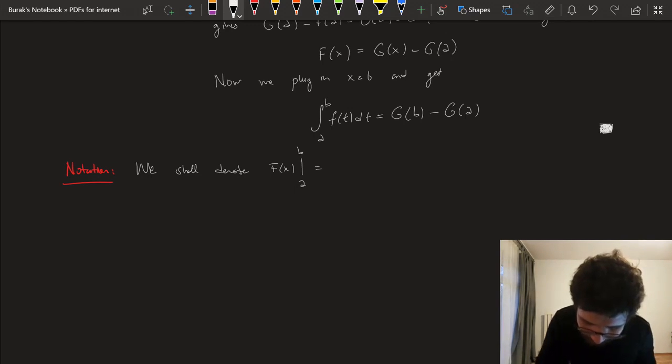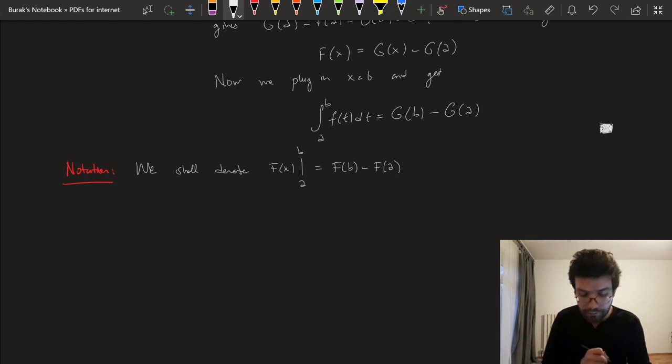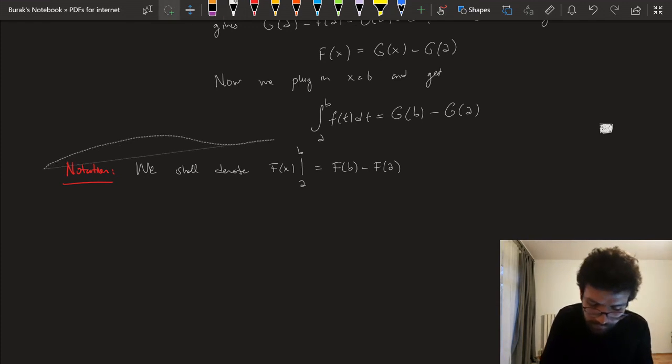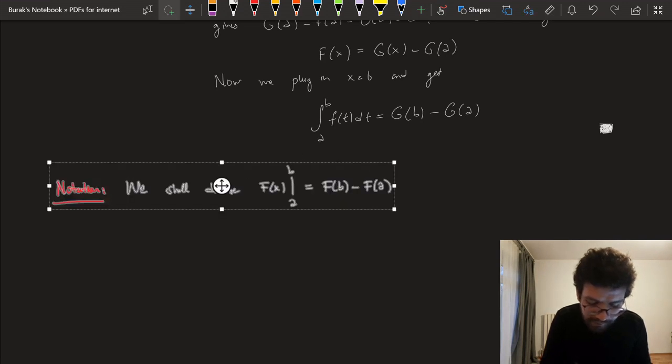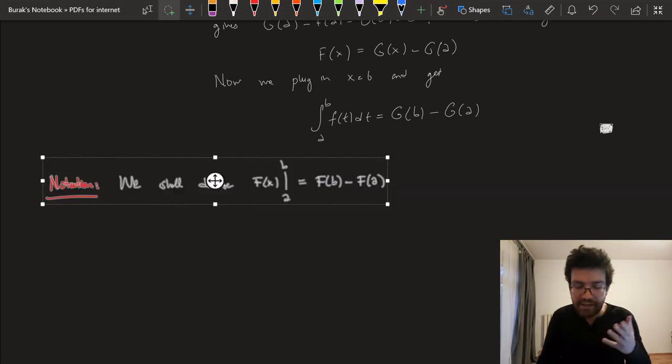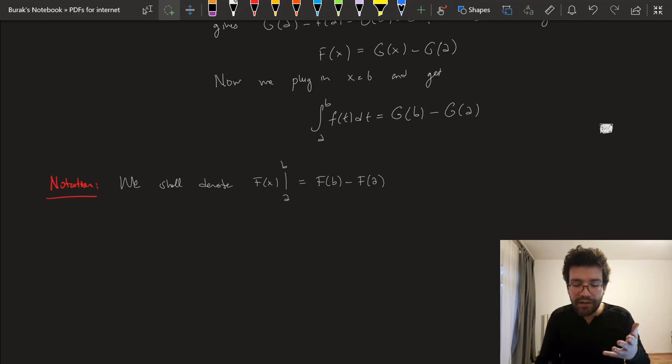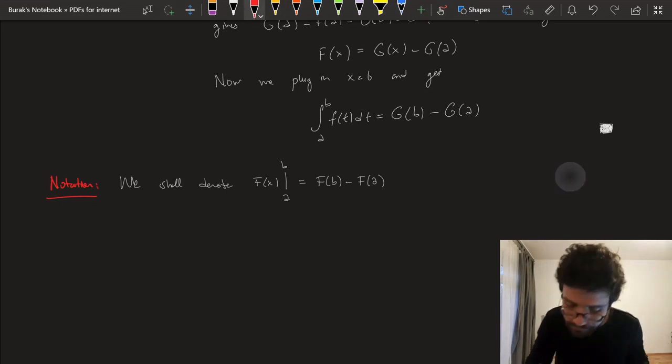That means the following: you're going to take your f, evaluate it at the upper limit, evaluate it at the lower limit, and then subtract. We're introducing this notation because the fundamental theorem of calculus tells us that if we're computing a definite integral, we're going to see this.